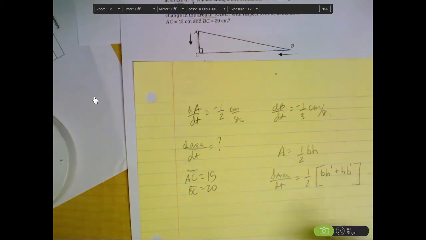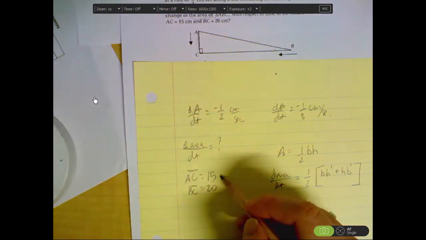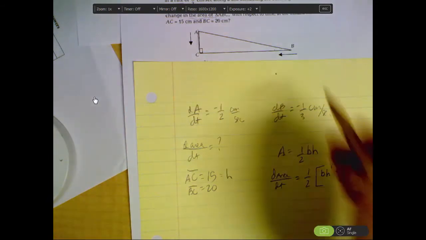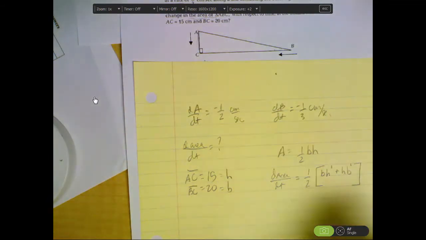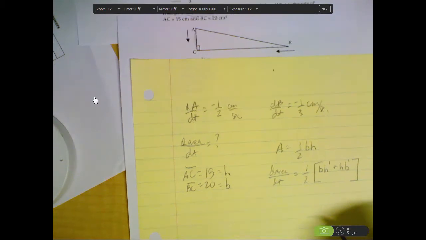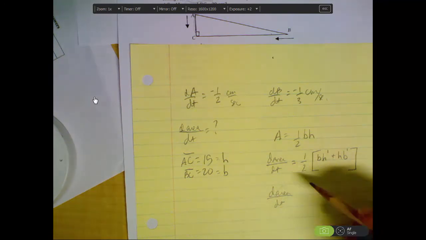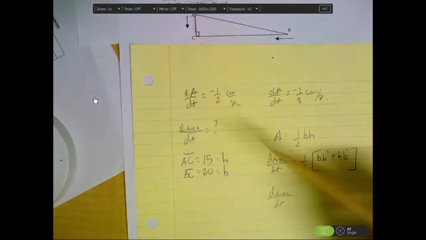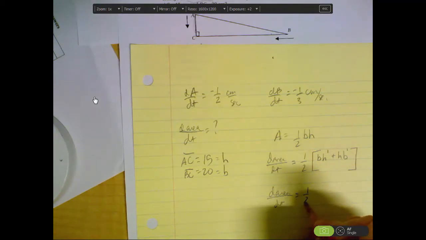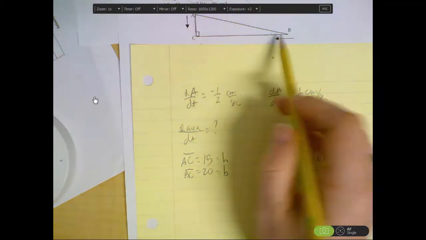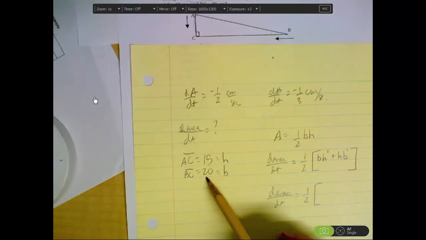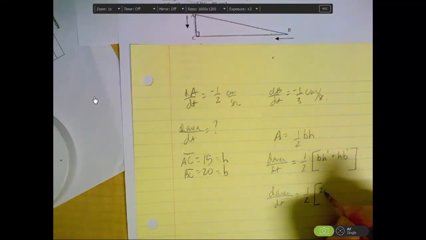But what are H and B? Well, AC is clearly the H, and BC is clearly the B, right? Height and base of the triangle. So plugging in all of these things, d(area)/dt. Now normally you're just going to use a letter here, but I didn't want to use A because I already used A up there. So equals 1/2 times the base, B, which is 20 at the instant that we're talking about.